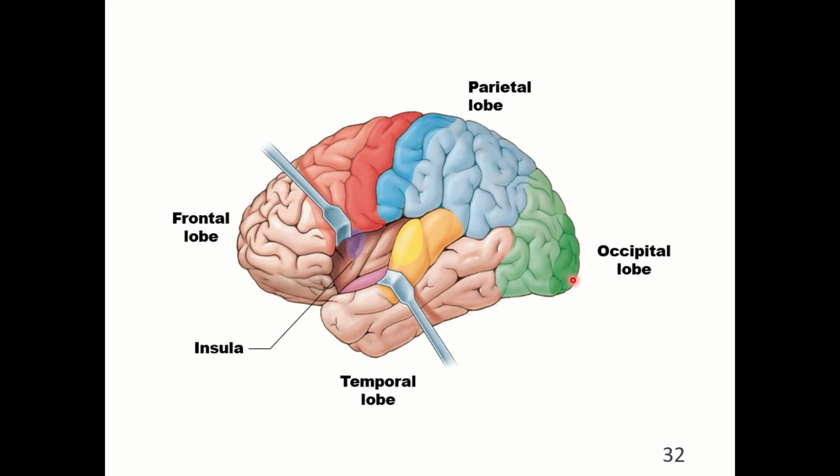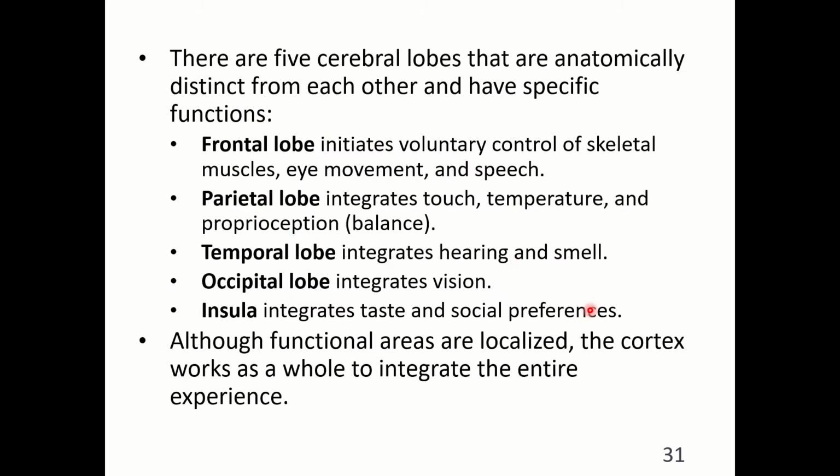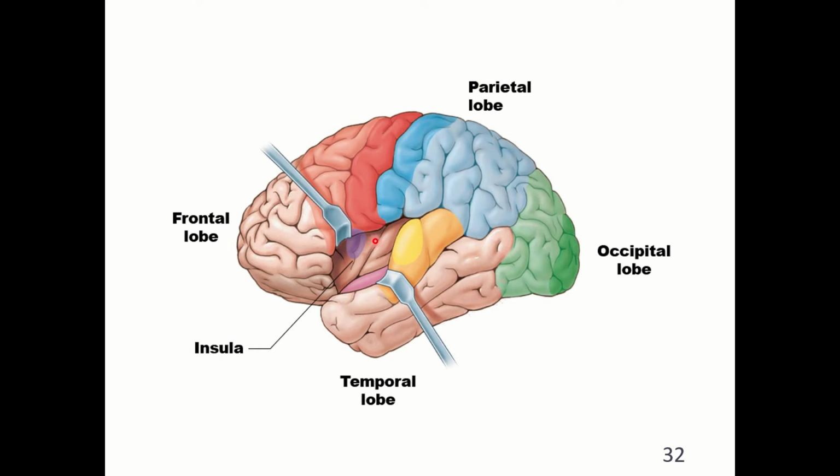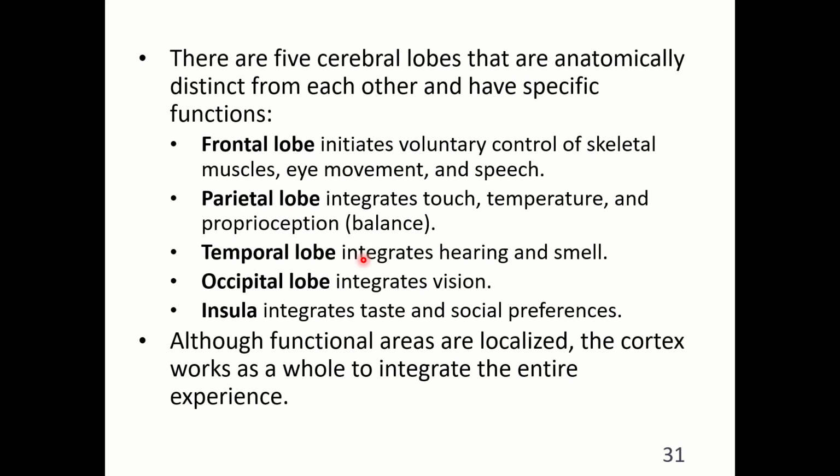The occipital lobe, which integrates visual information. The temporal lobe, which integrates hearing. This is hearing, and interior is smell. And then the insula is deep to the other lobes and integrates taste and social preferences.